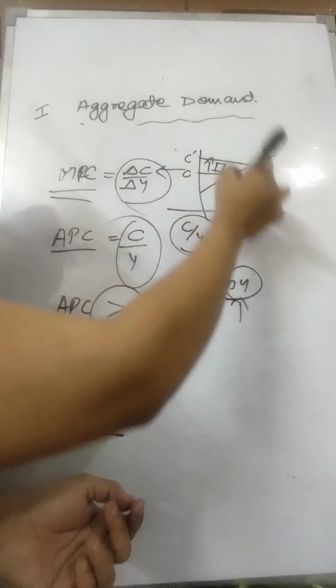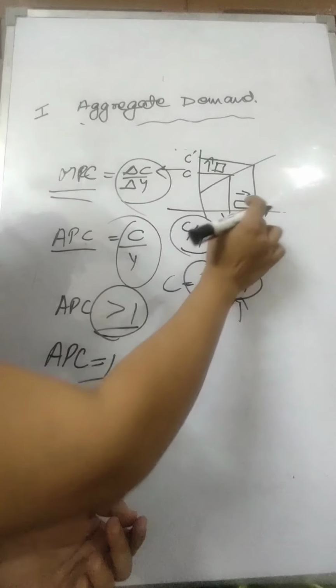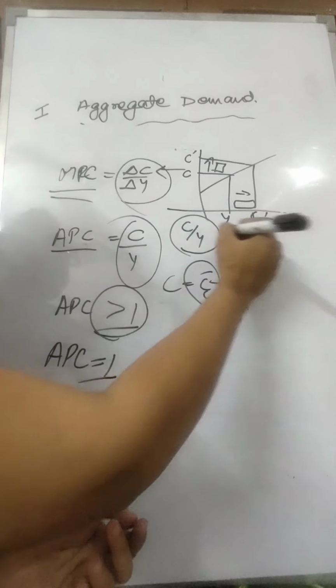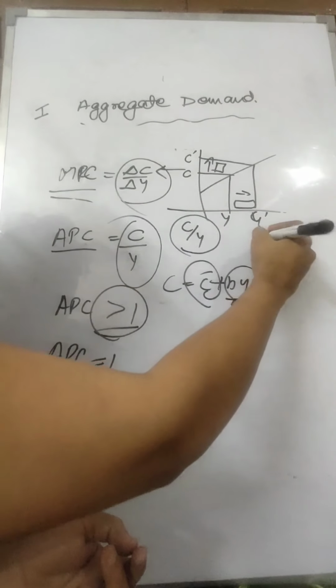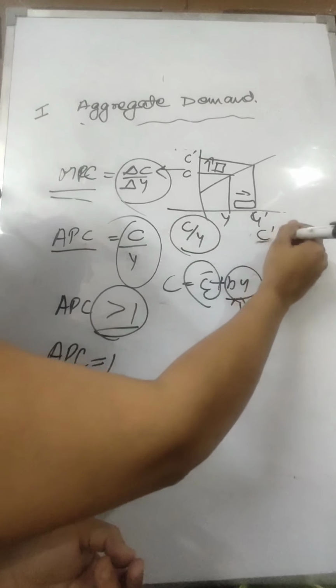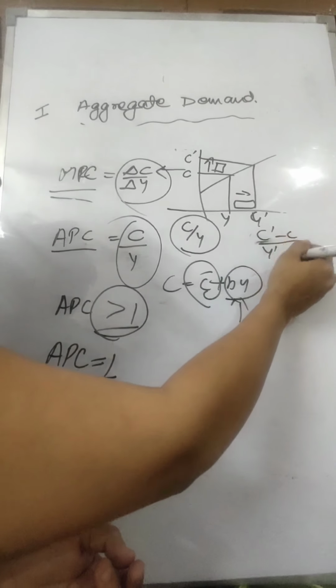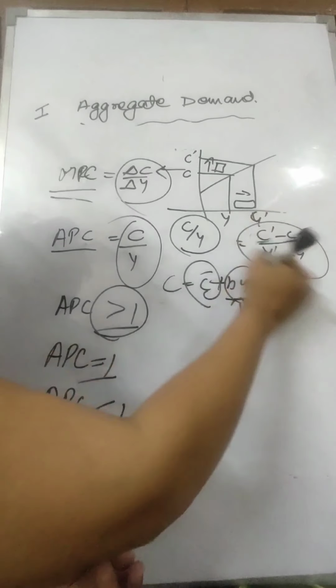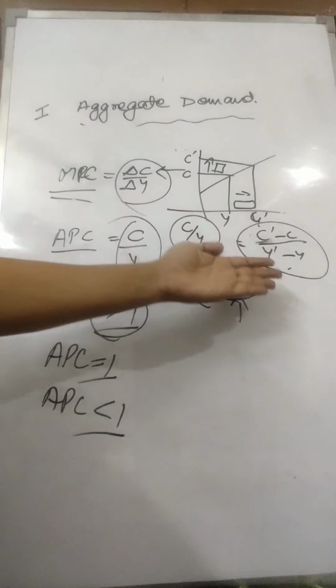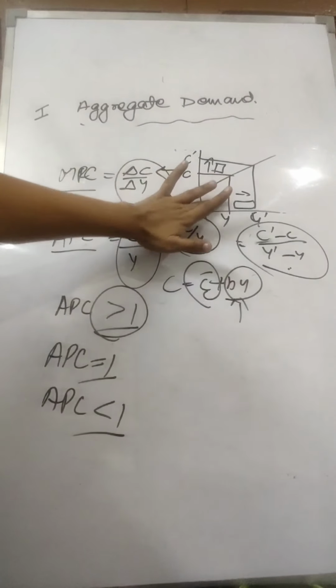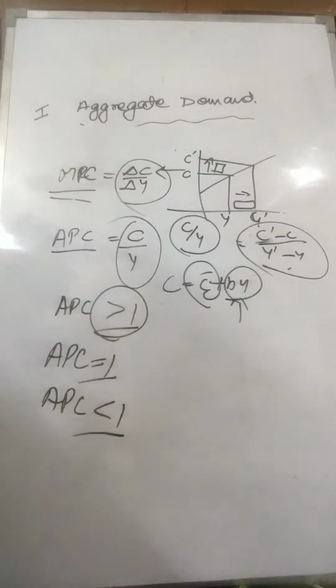So if this is your new consumption and income, then your MPC will be C bar minus C upon Y bar minus Y. Okay, the change that is happening with the level of income, you are calculating it with MPC over here.